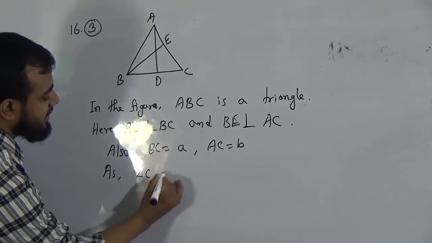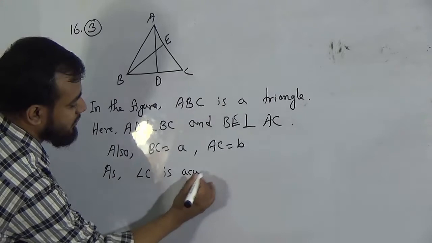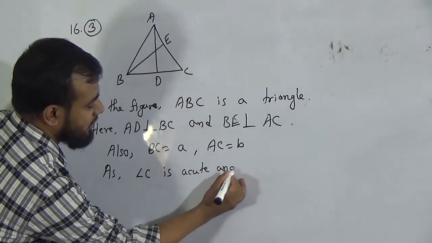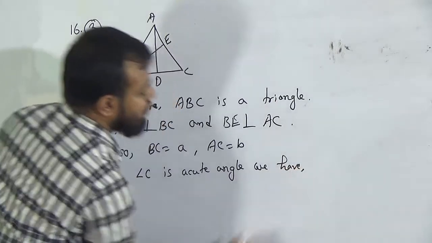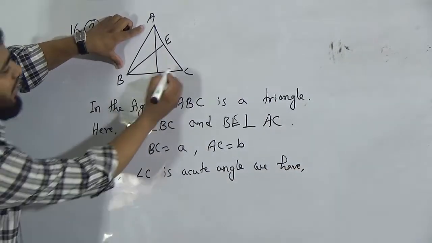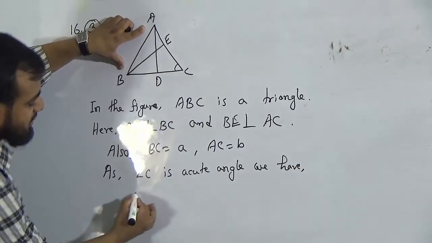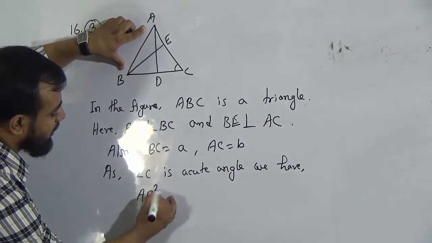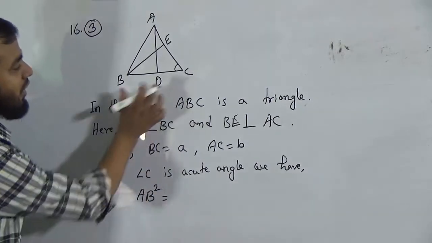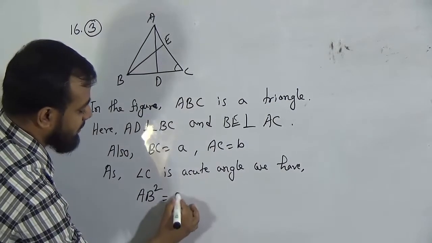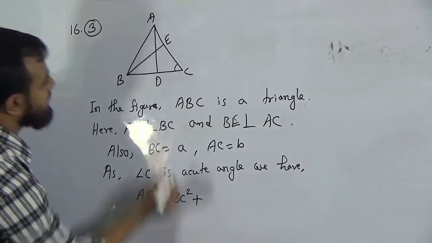Now my dear students, as angle C is an acute angle, we can write down the acute angle's opposite side square, that's equal to the sum of the squares of the other two sides. That means BC square plus AC square.